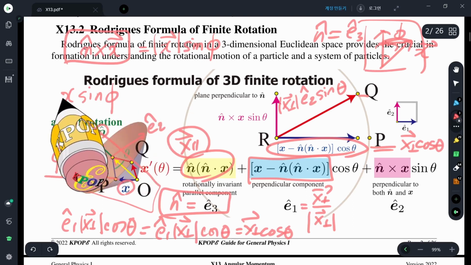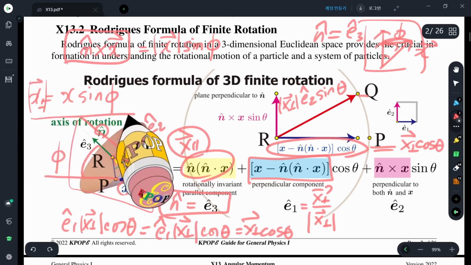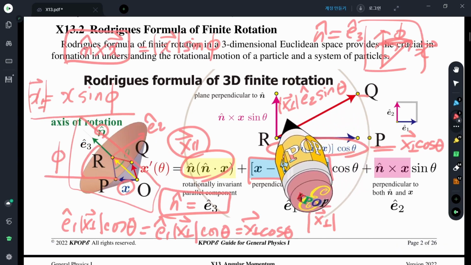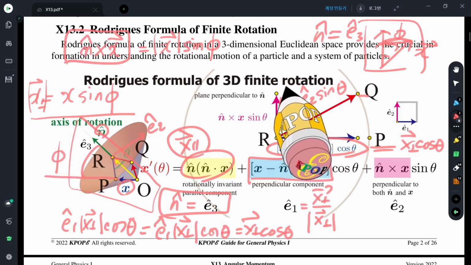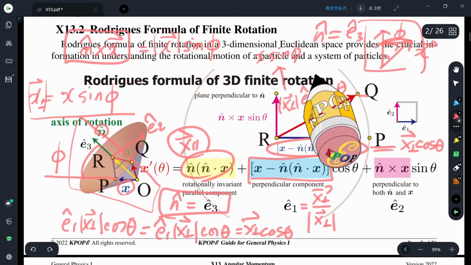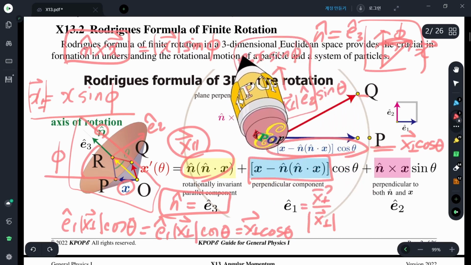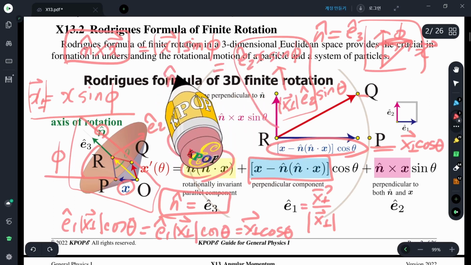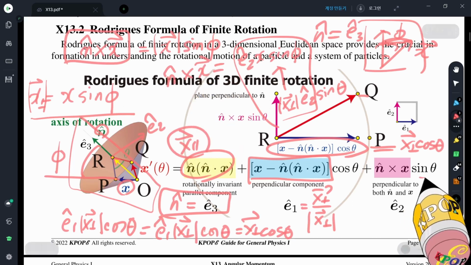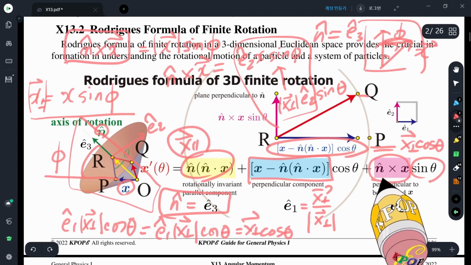That is x perp magnitude. Aha. X perp magnitude is x sine phi, and including this unit vector, E2 hat x sine theta is actually n cross x. That's the reason why we have a sine theta here, and remaining all pieces are combined in here, n cross x.